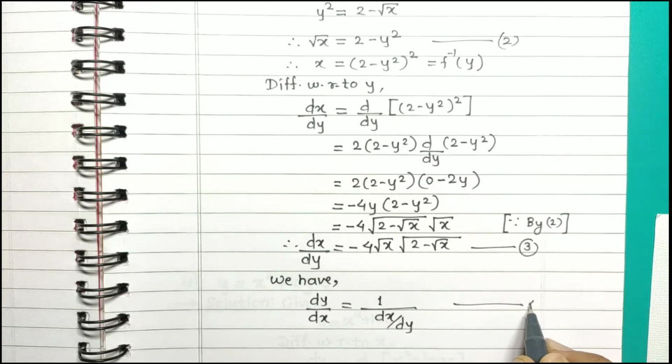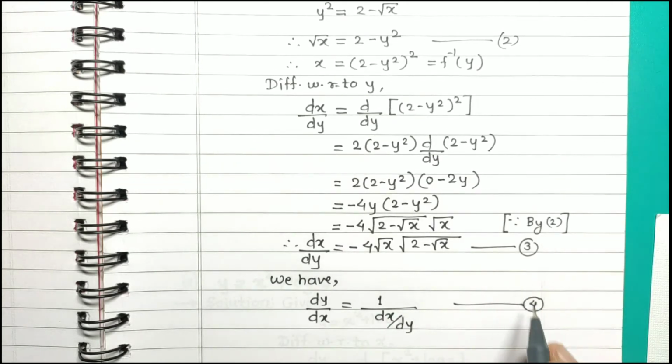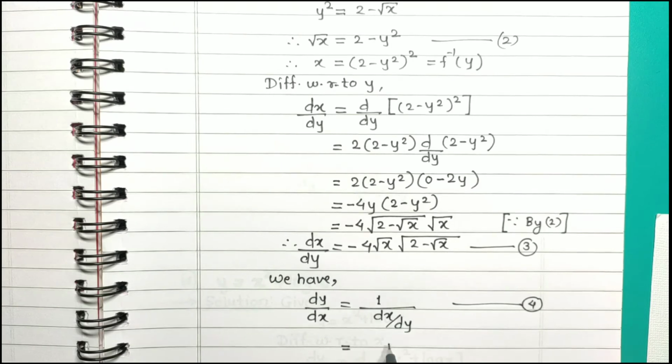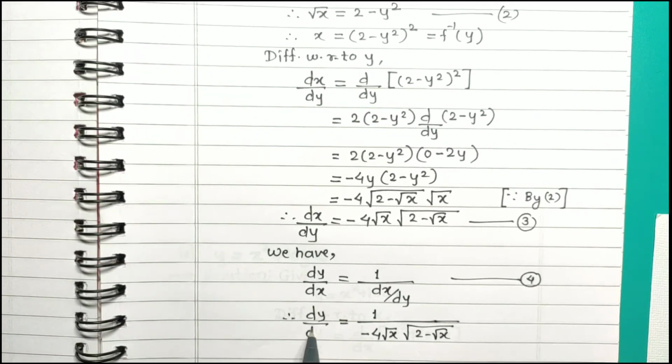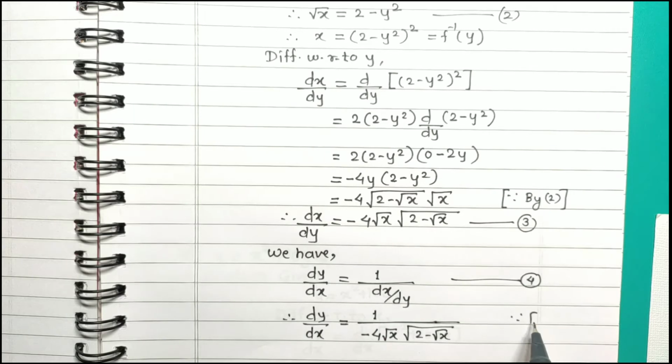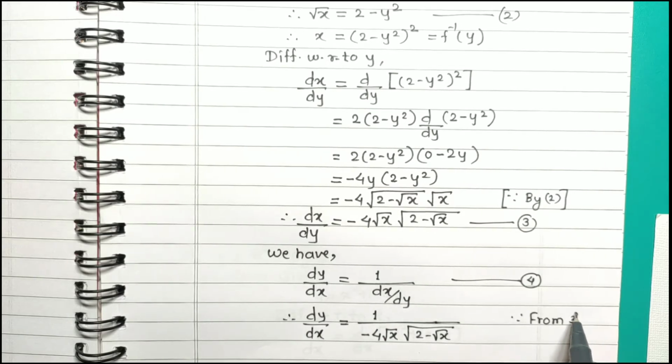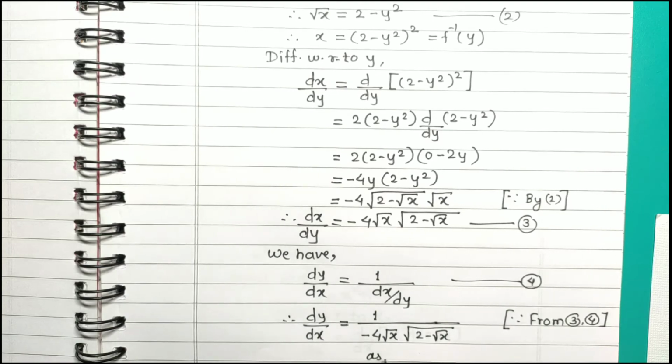Call it equation number 4. So from 3 and 4 we have 1 upon dx by dy, which is minus 4 root x into root of 2 minus root x. This is dy by dx, since from 3 and 4. This is the required derivative.